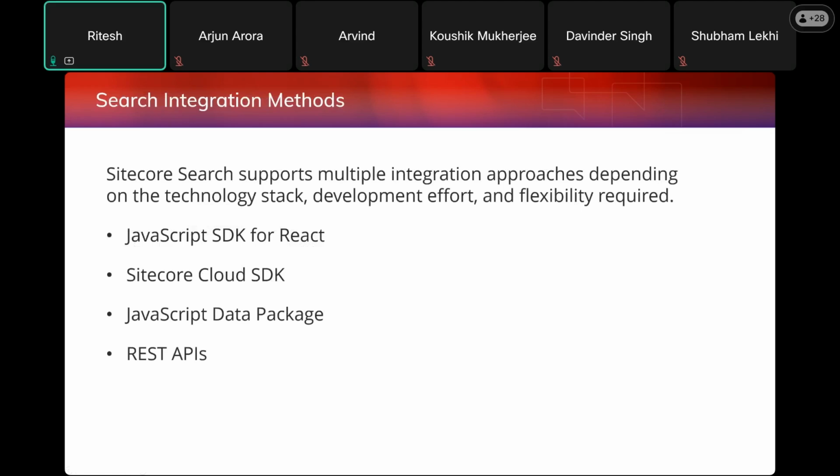As we talked about, you have content sitting somewhere, you have your application separately. So what are the integration approaches currently available with Sitecore Search, right? These are the four main options. One is that it provides you a JavaScript SDK, which you can use mainly for React and Next.